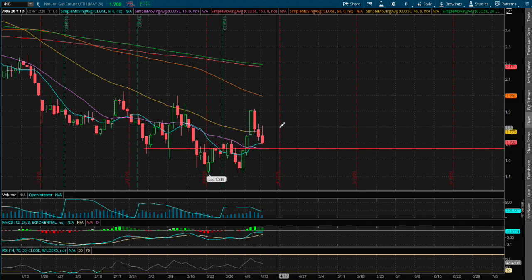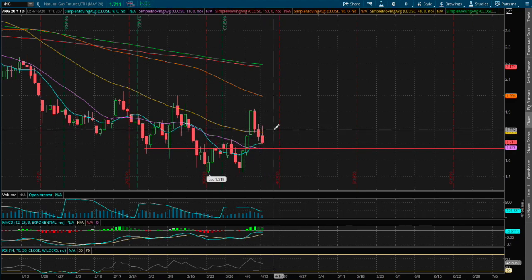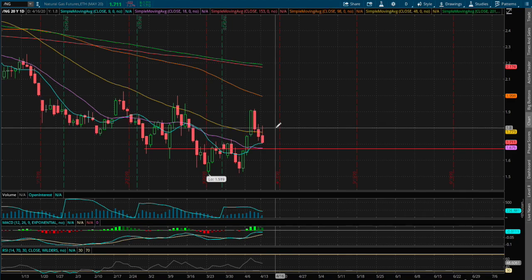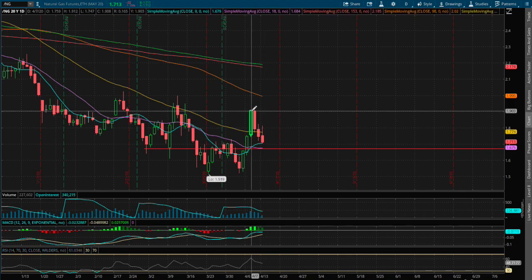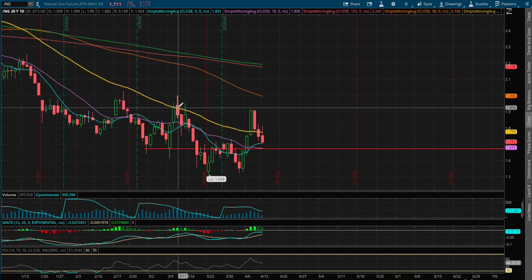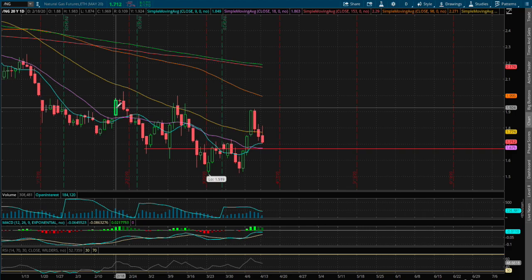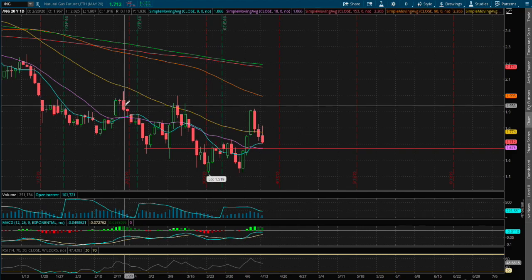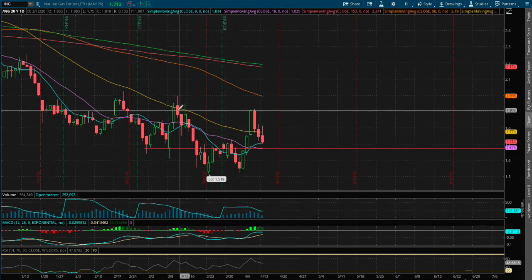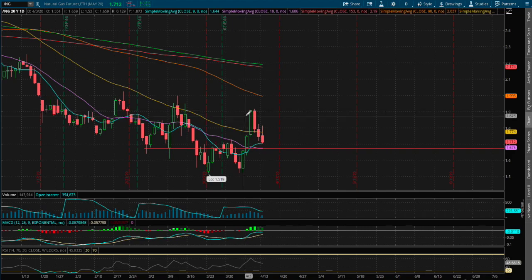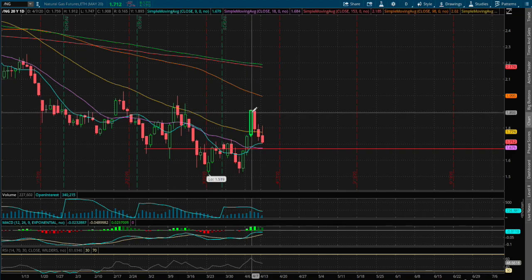However, if we do manage to reverse and climb higher, the resistance that we may encounter will be where we hit 3 instances of resistance, which is around a price of $1.90, back on February 20th, March 11th, and April 7th.